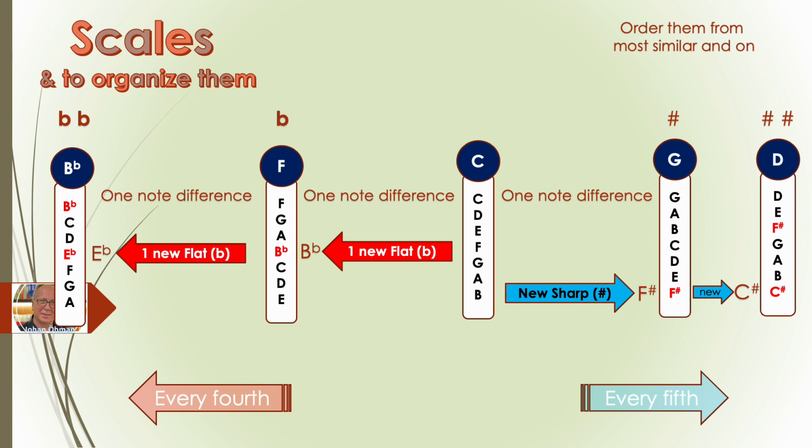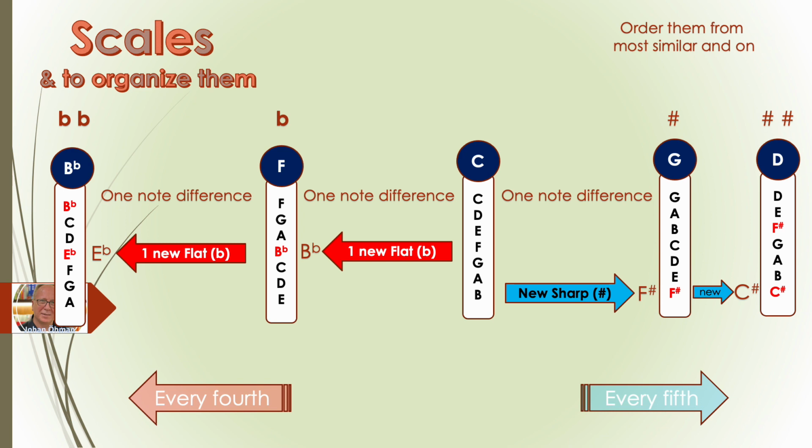The only difference is that the D major scale has a C sharp note in it, the G major scale has a C natural. And if we go the other direction towards the flat side, we compare F major with the C major, and as we saw, those are very similar to one another, with the exception that the F major scale has a B flat note in it.